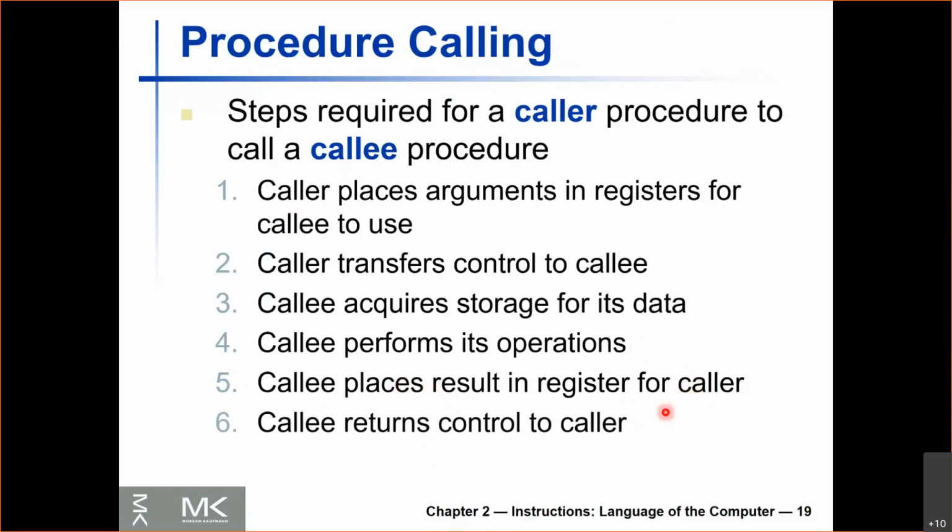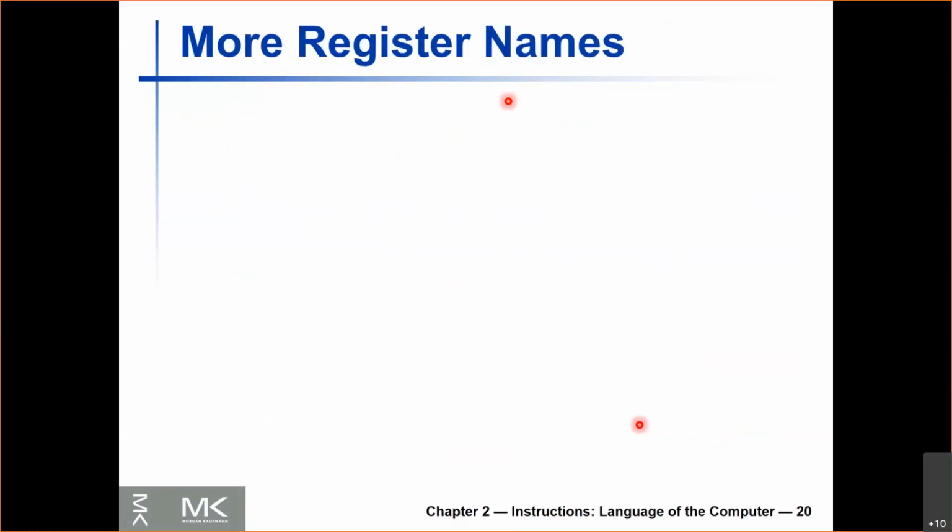Okay. So for the rest of today's lecture I'm going to talk to you about how each of these things is done. But before that, I'd like to introduce more register names. Remember before I told you how different registers are used for different things, and I introduced the saved and the temporary registers.